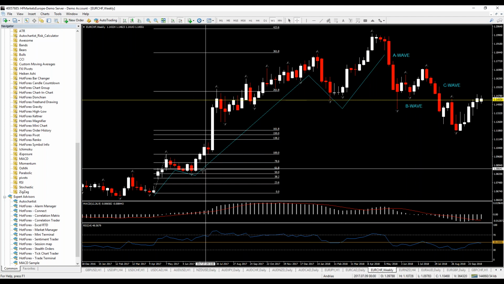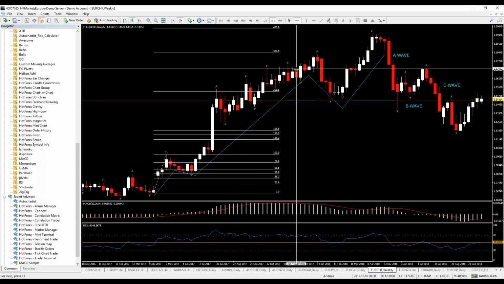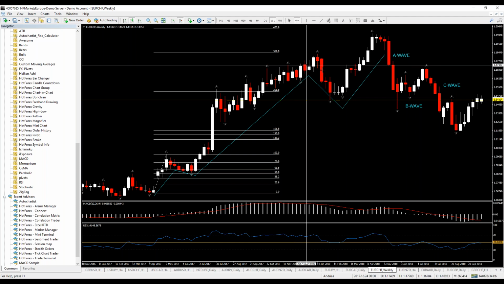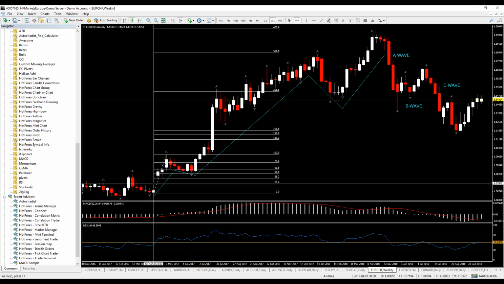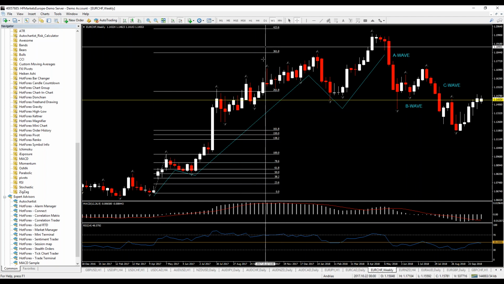We said that wave three is the highest one, the longest one. So we had this very sharp rally, some corrections, but still upside movement. So wave three is nearly 323.6% higher than wave one. If you plot your Fibonacci, you'll see that you also have the extensions.